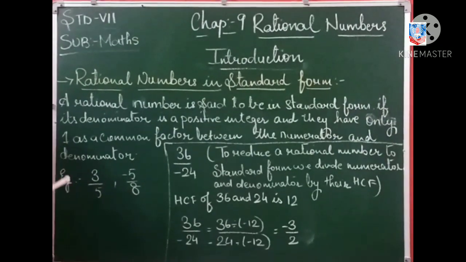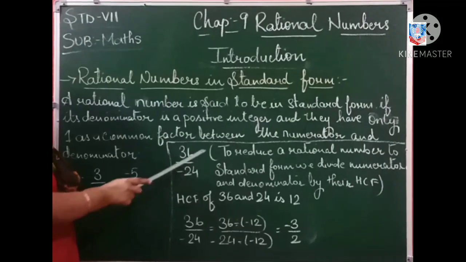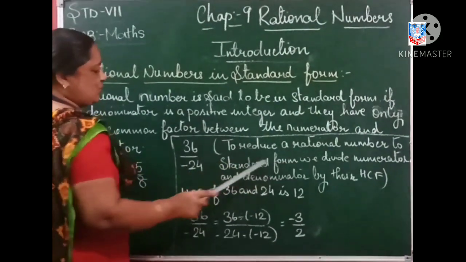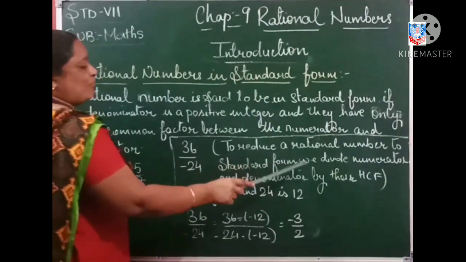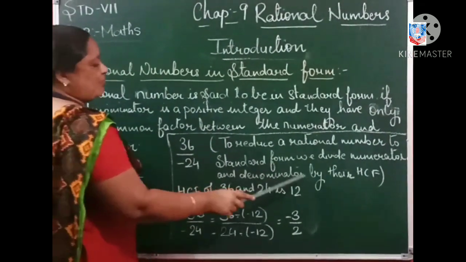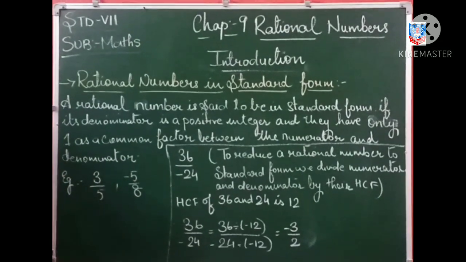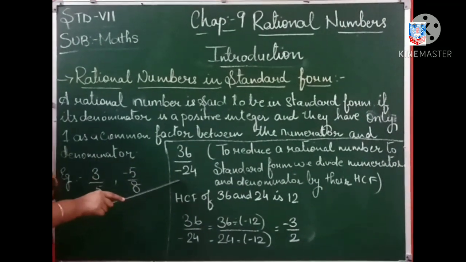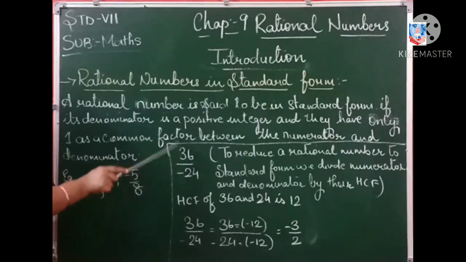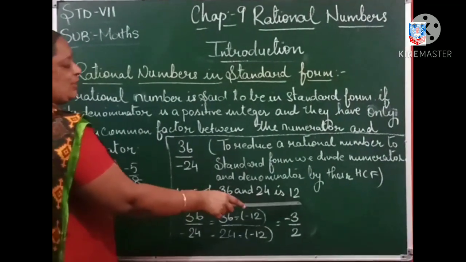Now, if a rational number is not in standard form, we will reduce the rational number to standard form by dividing the numerator and denominator by their HCF, highest common factor. For example, 36 by minus 24. Now the HCF of 36 and 24 is 12.